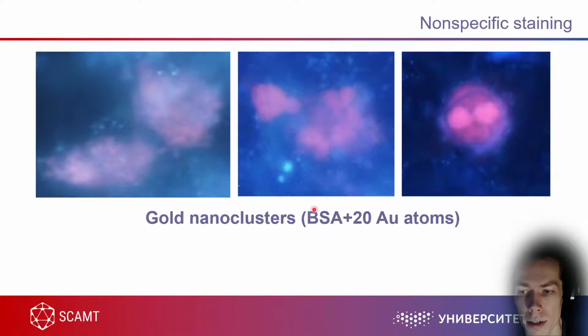The remaining fluorescence is just the autofluorescence of BSA, and this autofluorescence is blue. So the late endosomes are stained in blue because gold nanoclusters got dissolved, and the early endosomes, just entered endosomes, are stained in red because the gold nanoclusters are intact.